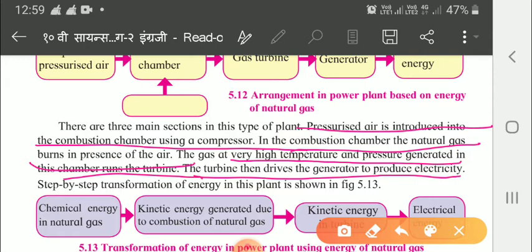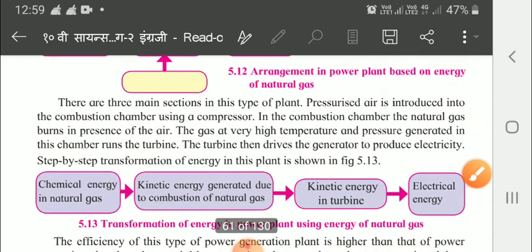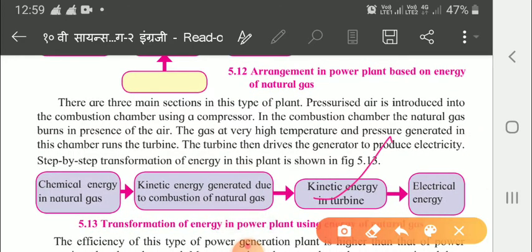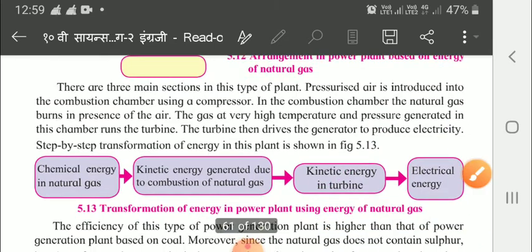Here we can see chemical energy is present in the natural gas, which is transformed into kinetic energy generated due to combustion of natural gas. It gives kinetic energy to the turbine, kinetic energy means moving energy, and then it produces the electrical energy.